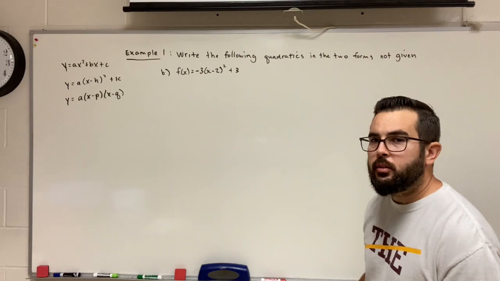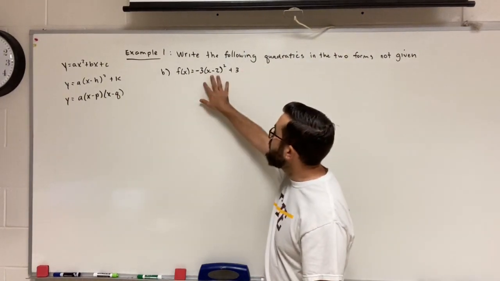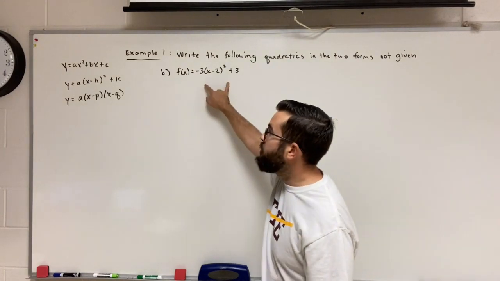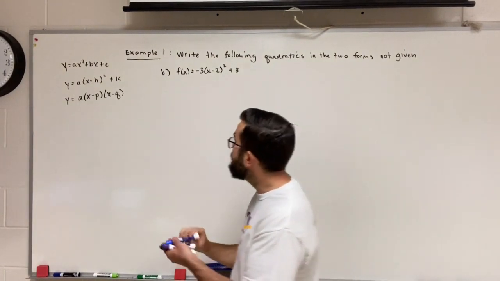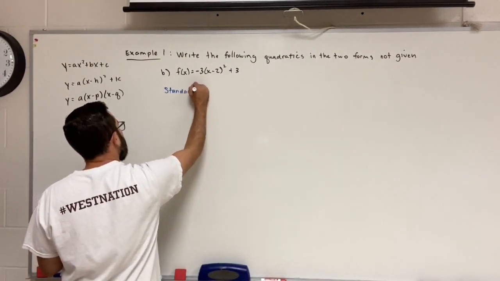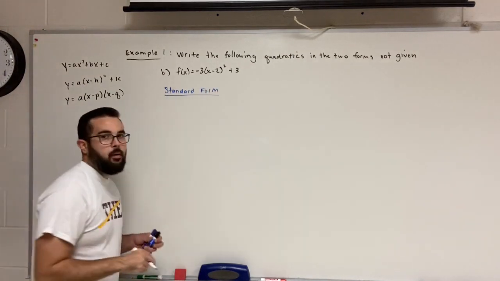So second problem, same set of directions, just a new equation. Notice this equation is in vertex form. So I'm going to need to change to standard form and also factored form.